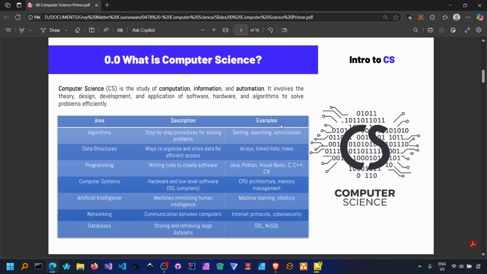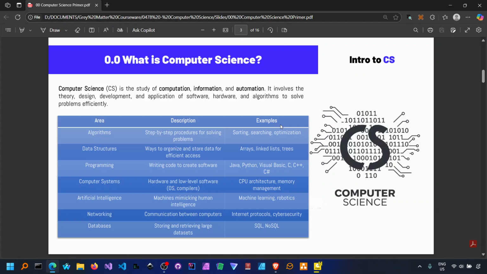Let's take a look at the table that we have here. You see that we have some areas, then some examples of the things that you'll be looking at in that particular area. In the area of algorithms, we are looking at procedures for solving problems, and for the most part we are going to be dealing with sorting and searching. Then we also have data structures like arrays.